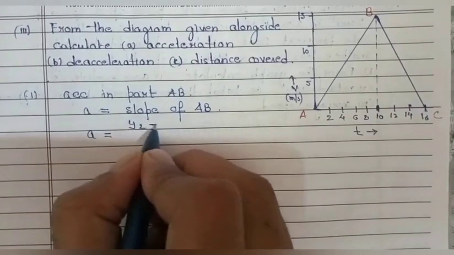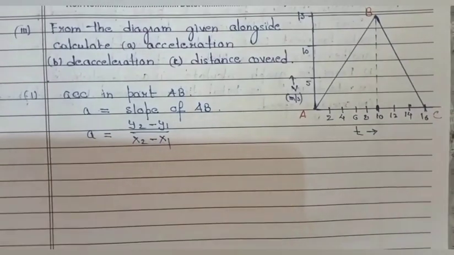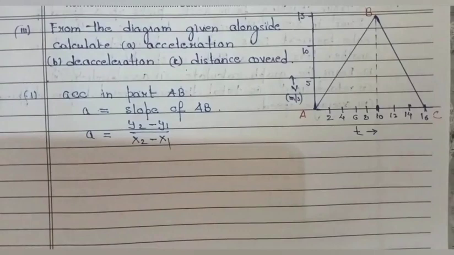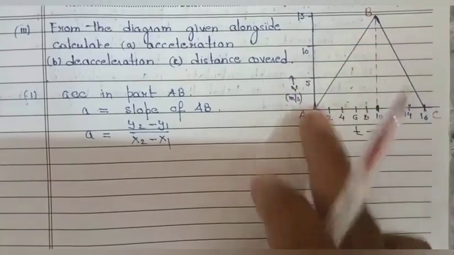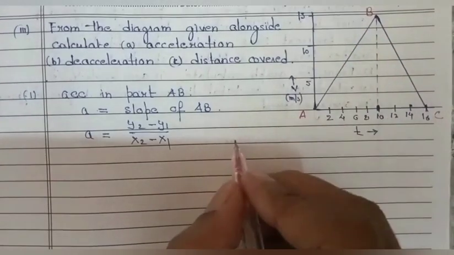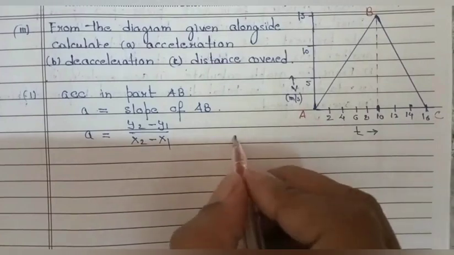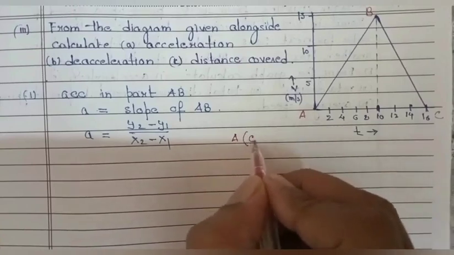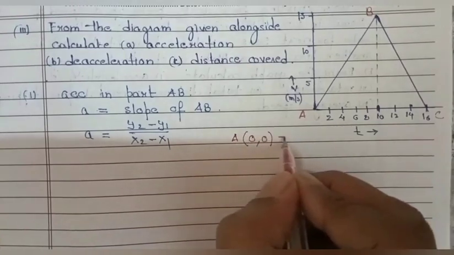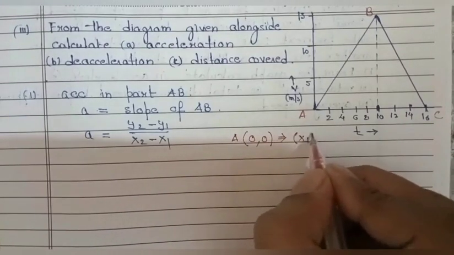The formula is y2 minus y1 upon x2 minus x1. So we need 2 points on the graph. Let us consider these 2 points on the graph, A and B. A is the first point. You can see A is at the origin, so the coordinates are 0, 0. Whatever the coordinates of A, they will be named x1, y1.